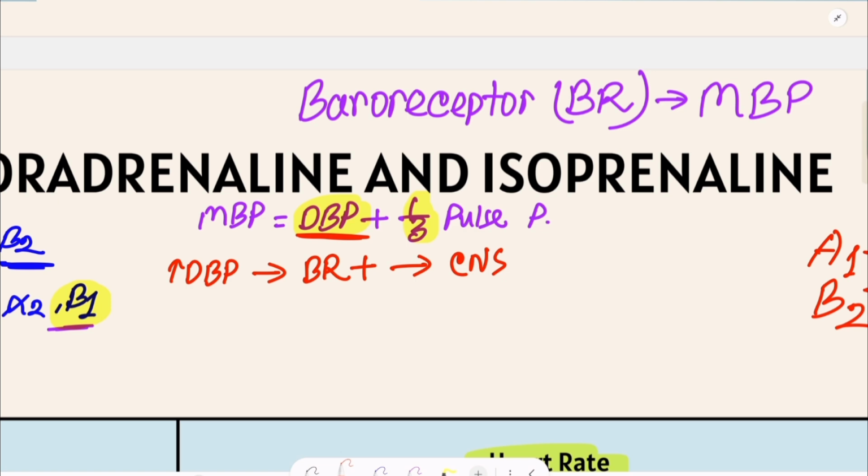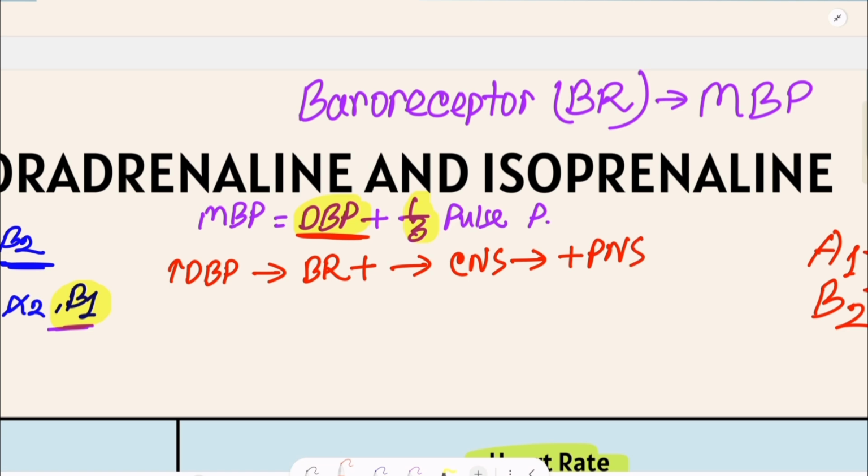One is sympathetic system and one is parasympathetic system. So as the information is that we have to reduce the blood pressure, which arm will be stimulated? Yes, it will be parasympathetic system. So whenever diastolic blood pressure increases, it will stimulate the parasympathetic nervous system.